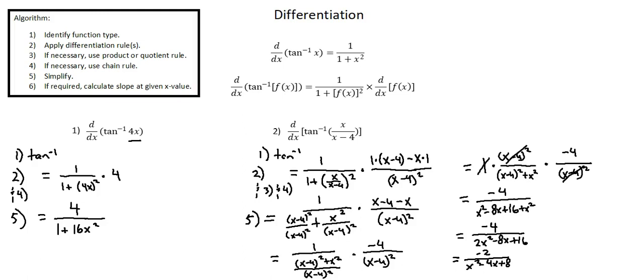We've completed step 5. Our final answer, negative 2 over x squared minus 4x plus 8. We haven't been given an x input with which to calculate slope, thus step 6 of the algorithm doesn't apply to this scenario. We've completed all requirements of problem 2, and this concludes differentiation of the inverse tangent function.